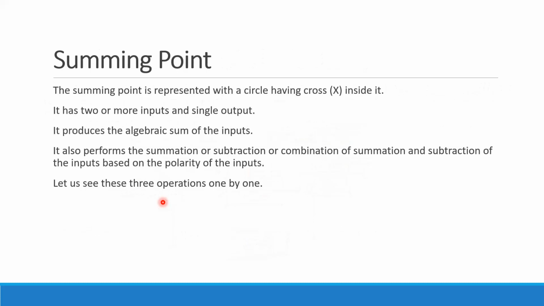It has two or more inputs and a single output. At a summing point there is always a single output and there can be multiple inputs, because these multiple inputs will be compared and there will be one single output.